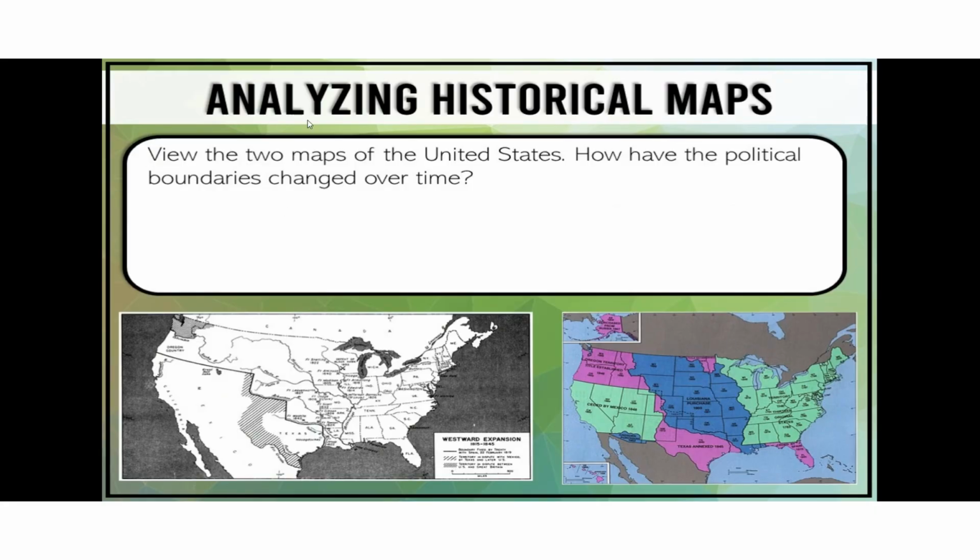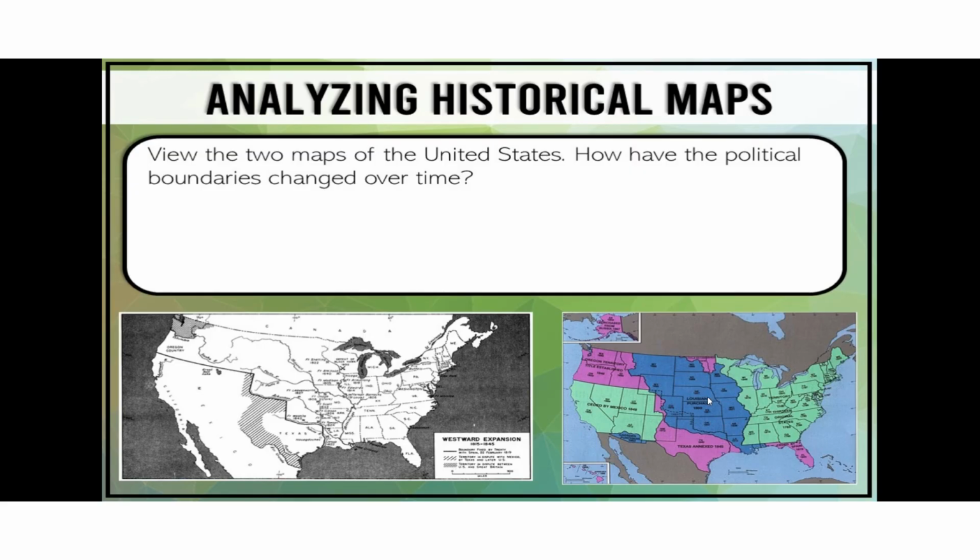And if we're looking at historical maps, we can analyze these maps, view the 2 maps of the United States. How have the political boundaries changed over time? Again, we're talking about westward expansion here. And notice this, the southwestern part of what is now the United States was part of Mexico.